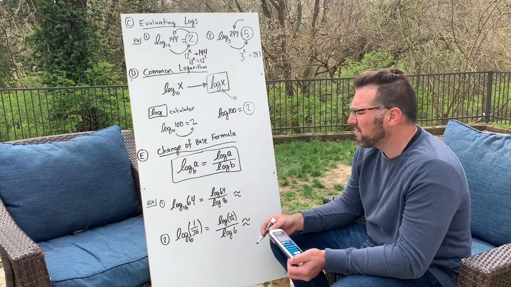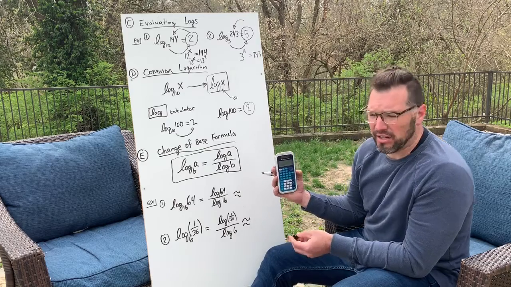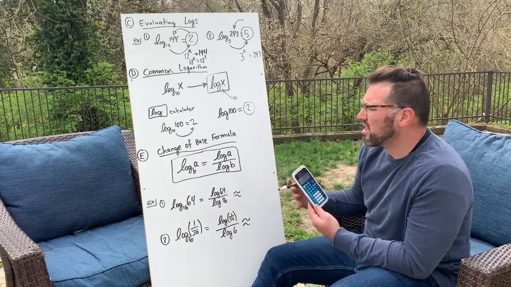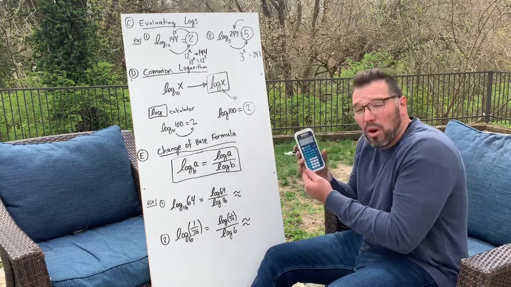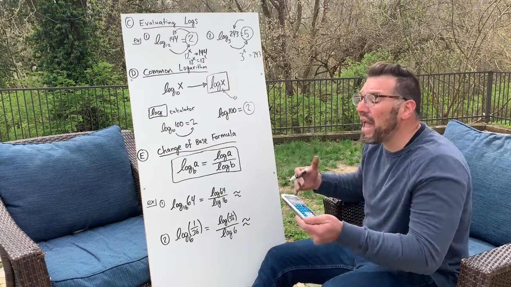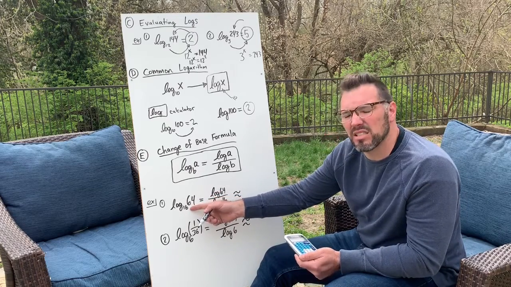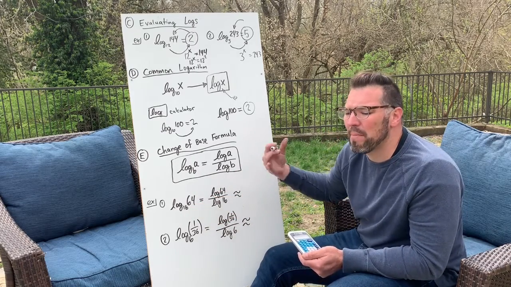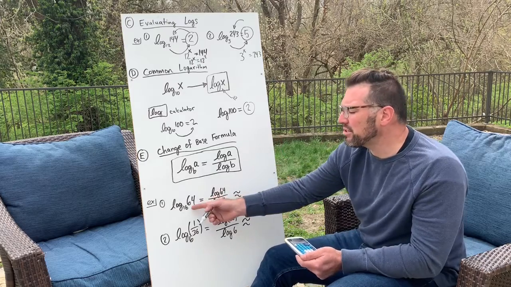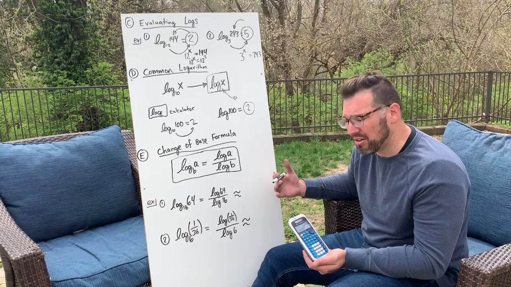It's base 10. Now, because we love using our calculator, and because the common log is the one we can use, it would be nice if we had some way to change the base. Like this example here, this has base 16. It'd be nice if we could change the base somehow so that we could change it from base 16 to base 10, and we could put it in our calculator, right?